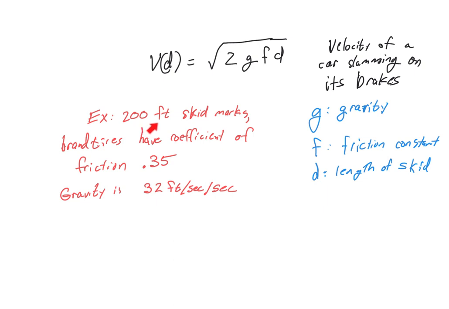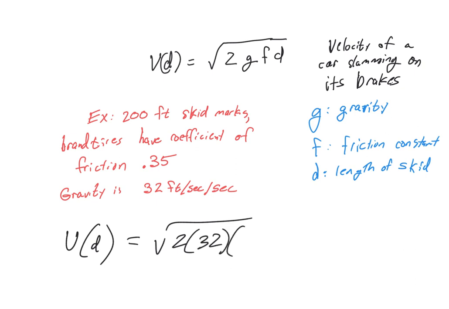So if I had a car that created a 200-foot skid and had a certain brand of tire with a coefficient of friction of 0.35, and gravity, we know this is a constant, 32 feet per second squared. We plug those into my equation, and I have the original velocity given the distance is equal to the square root of 2 times 32 times 0.35 times 200.